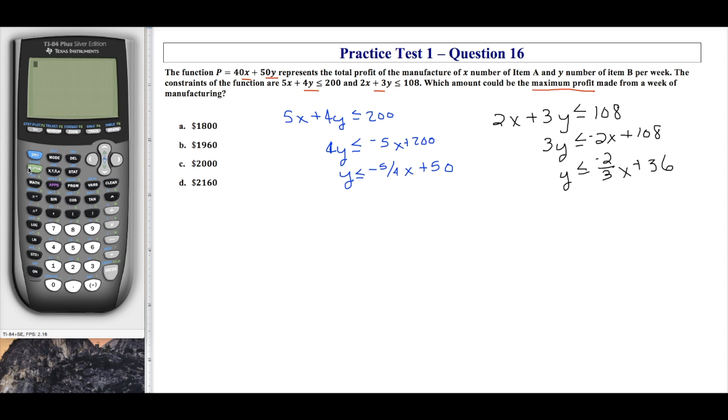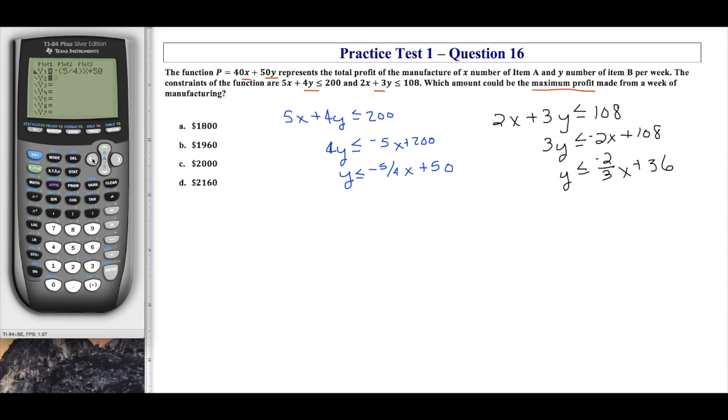So coming over to our calculator, hit y equals, arrow to the left of y1, and since this is a less than or equal to inequality, let's choose our less than sign. So hit enter until you find your downward arrow. Then come back over to your right hand side and put in your inequality of negative parentheses 5 divided by 4 end parentheses x plus 50.